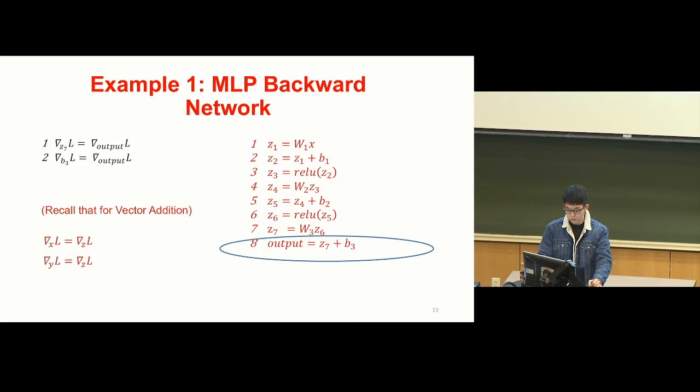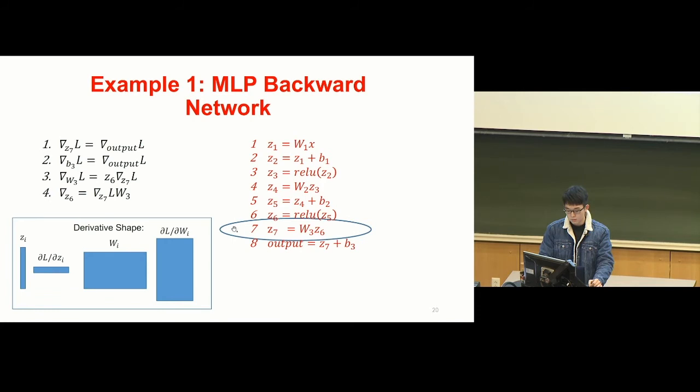So as we are going to work in the reverse way, the first step would be the last step. The output is actually the addition of Z7 and B3. Recall the previous slide on the vector addition: the partial derivative of L to Z7 and B3 equals the partial derivative of L to output.